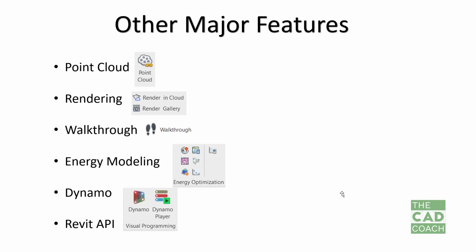Okay, so these many features are available in Revit. I might have missed one or two features, but all these things combined are called Autodesk Revit. That much powerful software it is.